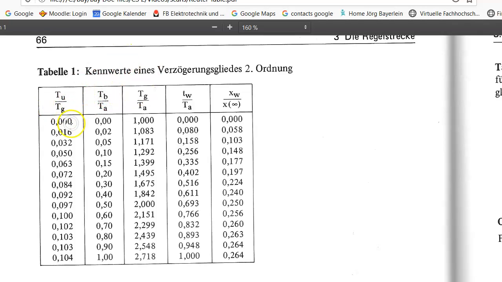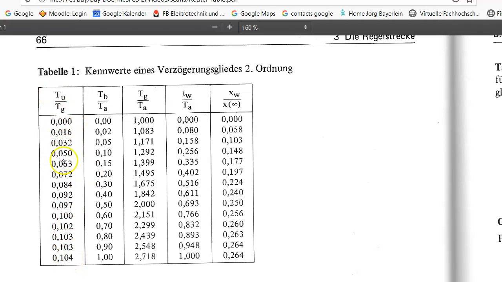Look at what this table contains. There are 3 main columns and some rows. The first column has the ratio Tu over Tg, which I have measured. So here I can look up the ratio of both times, and you see this table ends in 0.104 because this is the highest ratio which is possible with two PT1s.